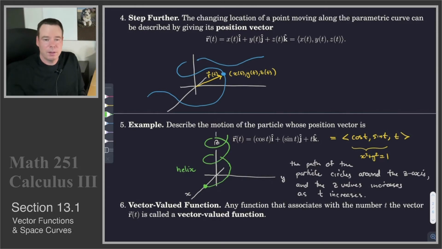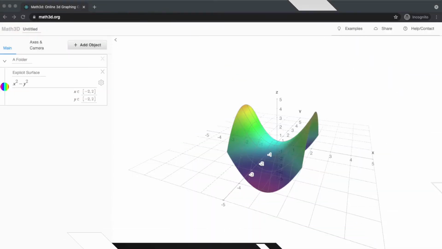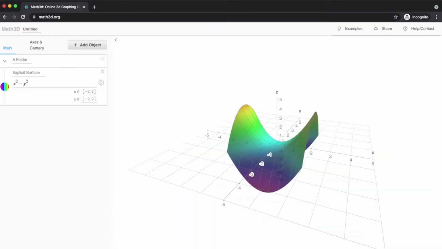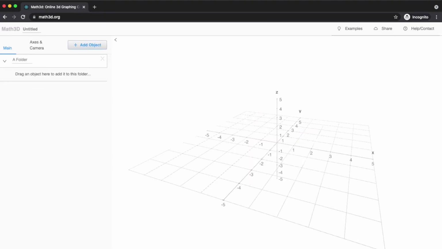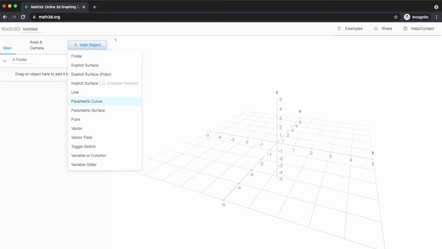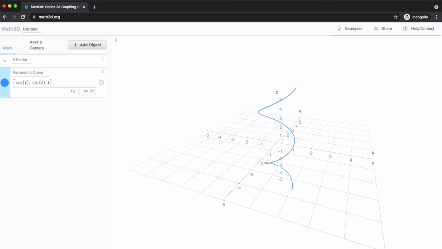Now let's see how we can actually use math3d.org to plot such curves. So when we first encounter math3d.org, we again have this example of a surface already drawn. Let's close it out. In this case, we're going to add a parametric curve. We've done this in the past in chapter 12 with lines. Now we're going to do it with just any function for the x, y, and z components.